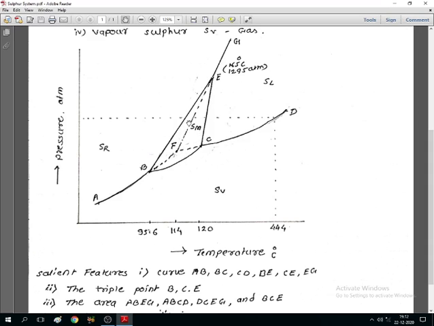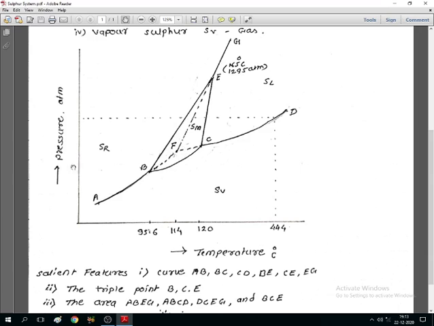Now EF, here is the metastable liquid sulfur and metastable rhombic sulfur. Therefore it is the fusion curve for the metastable rhombic sulfur. It shows the effect of vapor pressure on the temperature. Now this curve inclines away from the pressure axis.